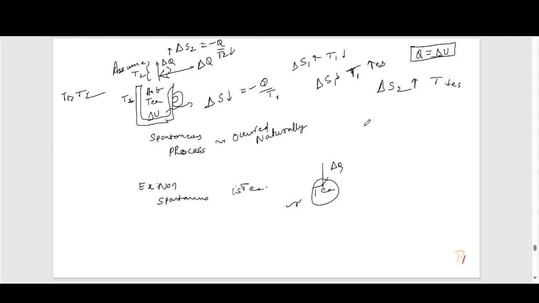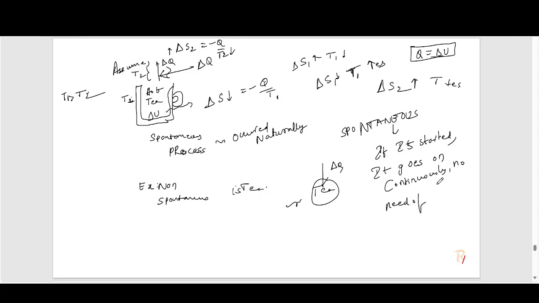In spontaneous, if it started, it goes on continuously. No need of energy as an input. Therefore, this is the difference between the spontaneous and non-spontaneous.